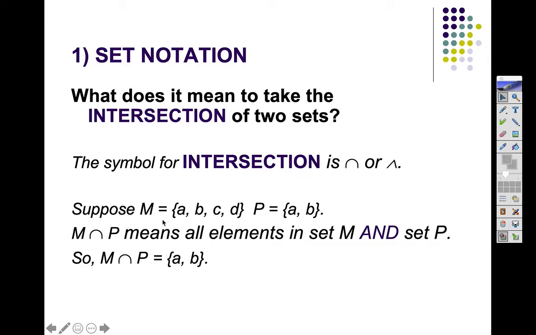It means what is in both. It has to be in both. Only things in both. A is in both. B is in both. C and D are not. So the answer is just A and B, and you just write it once. That's the intersection, also called the overlap, also called "and."